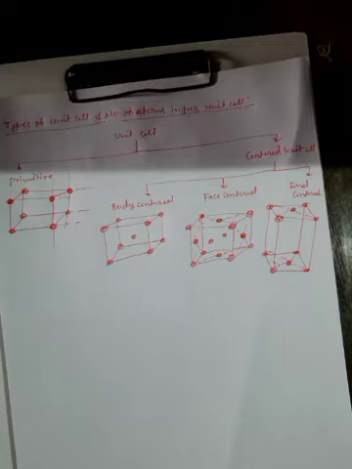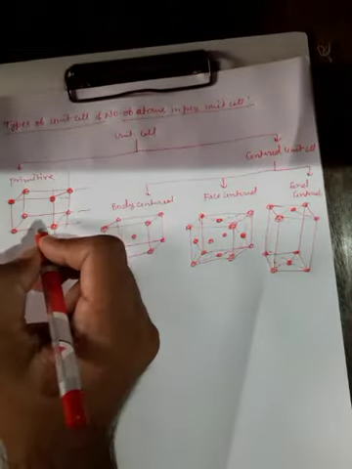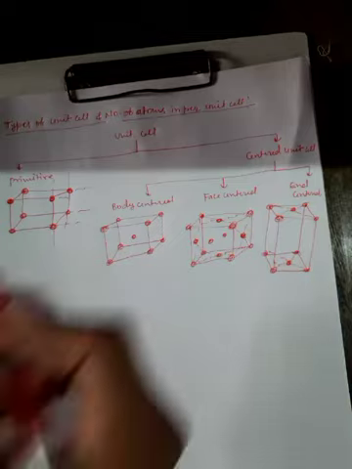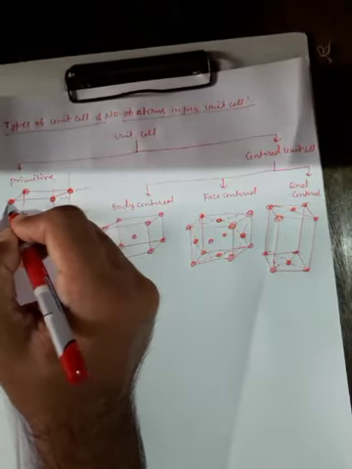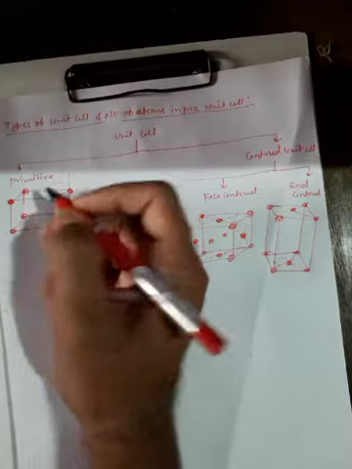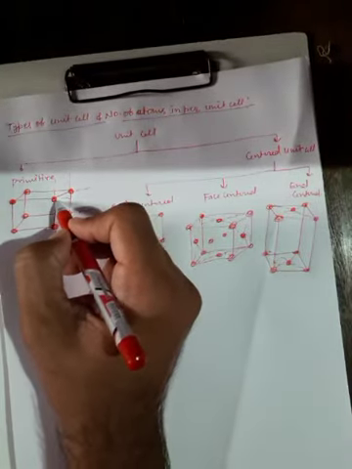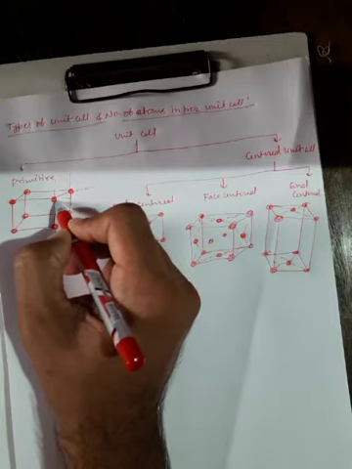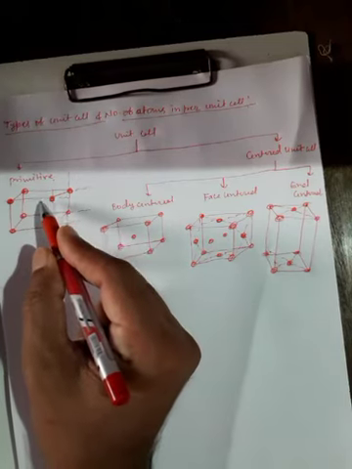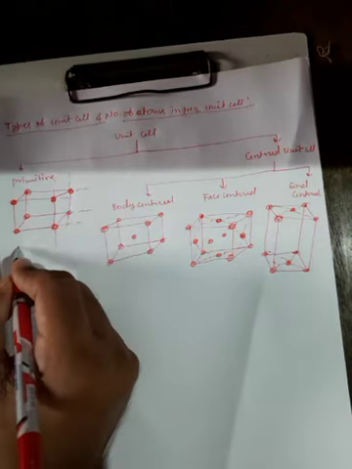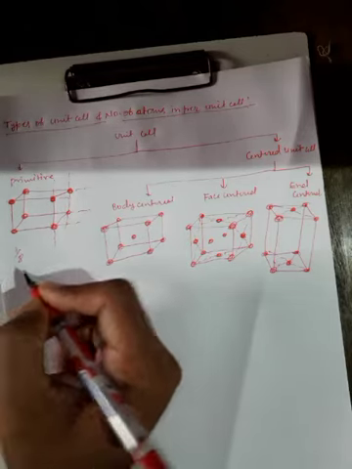So when we want to calculate the number of particles present in a particular unit cell, we must remember that other unit cells are also on each side of this unit cell. So this particle is situated such that it contributes to this unit cell only 1/8.